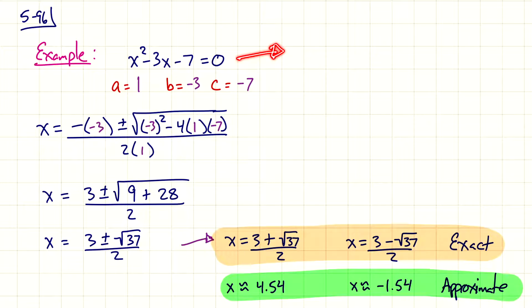Before this, we would probably try to factor it. If it factors, then that could be an option for us. If it doesn't factor, then we're looking to complete the square. That's always an option as well. In this case, I see a 3, an odd number. I don't like to do completing the square when we have odd numbers. So the quadratic formula is a good fit for us here. And I don't believe this factors nicely either.